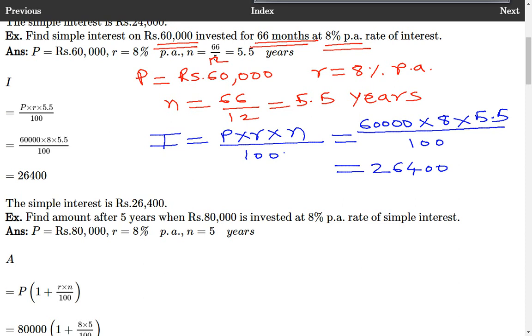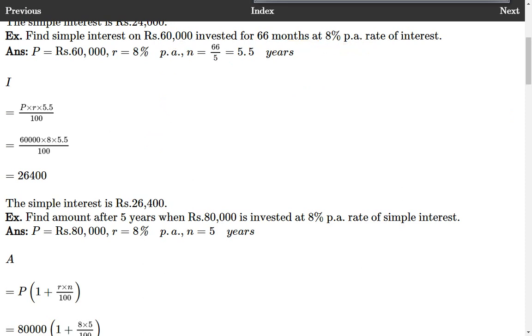I request you to do the calculations on your own. The only way to learn mathematics is to solve examples on your own. You should solve many examples on your own.